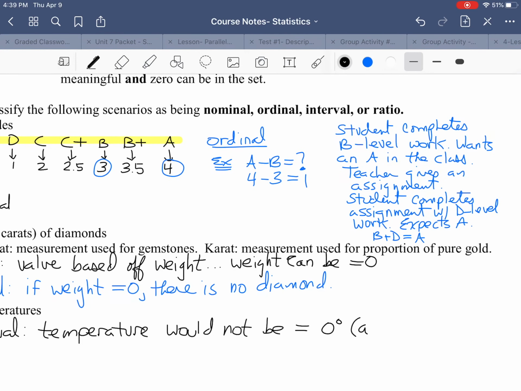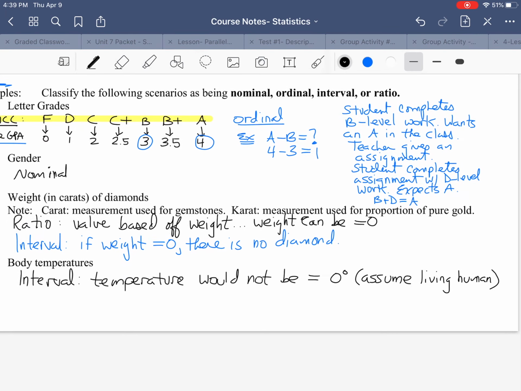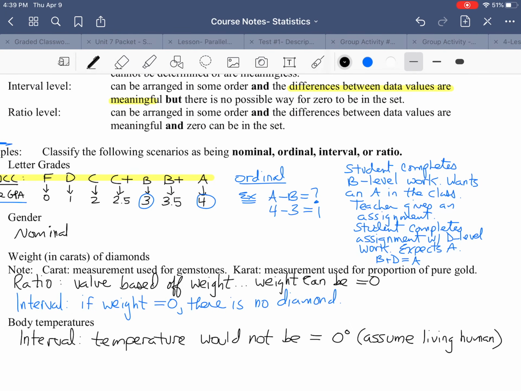Because we're assuming that the individual is alive. And human, I guess. And then somebody else comes along and says, I'll see your living human, and I'll raise you a dead human, which is pretty morbid, I guess.